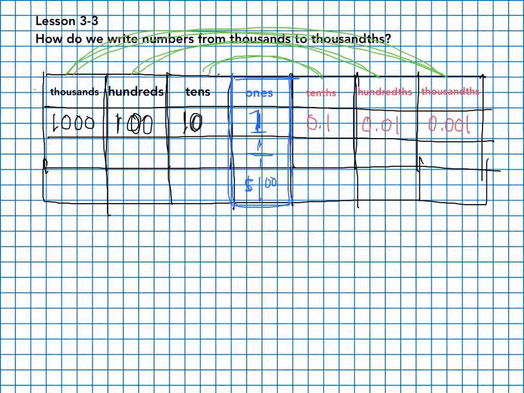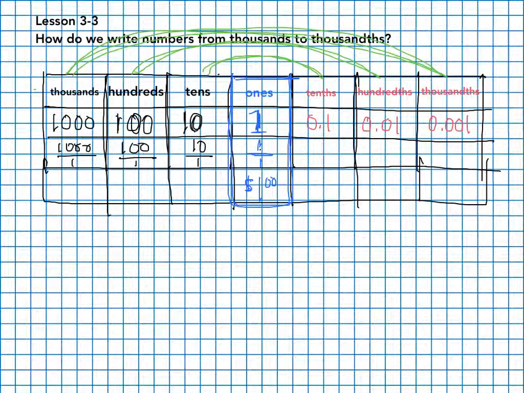All right? Now, our next row is we want to look at this in terms of a fraction. When we look at 10, 10 is basically 10 ones. Now we have 1 over 1 is 1. 10 is going to be 10 over 1. 100 is going to be 100 over 1. And thousands is going to be 1,000 over 1.